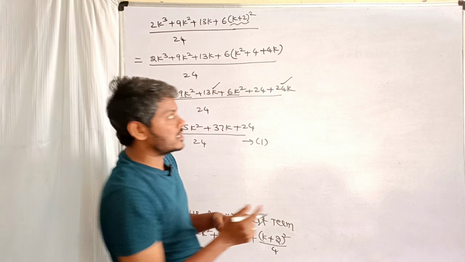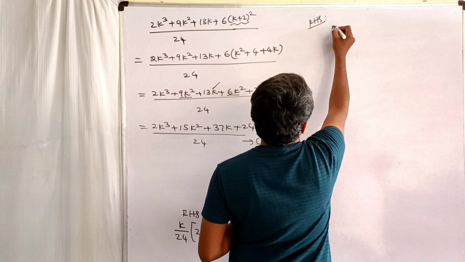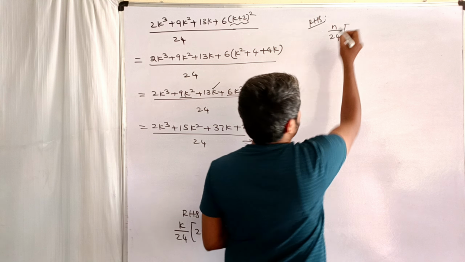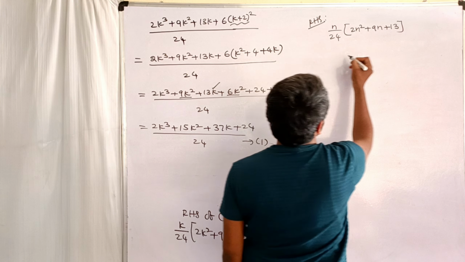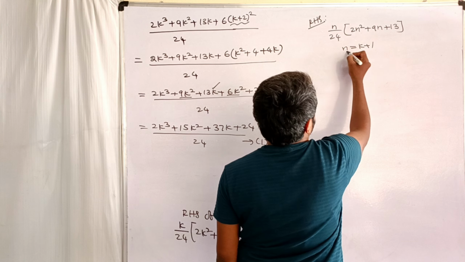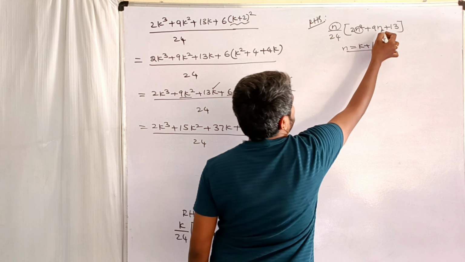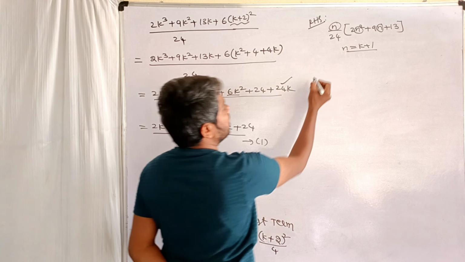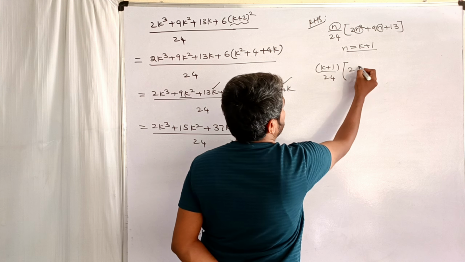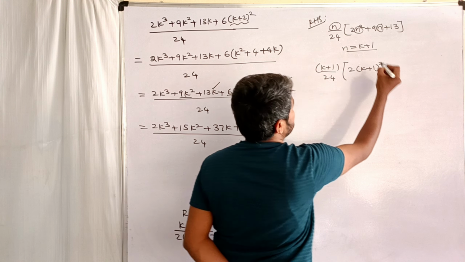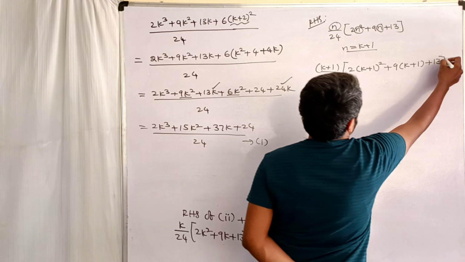And consider RHS. So what is RHS of equation 1? n by 24 into (2n square plus 9n plus 13). Here replace n by what? k plus 1. So write in place of n just k plus 1. That is (k plus 1) by 24 into (2 times (k plus 1) whole square plus 9 times (k plus 1) plus 13).